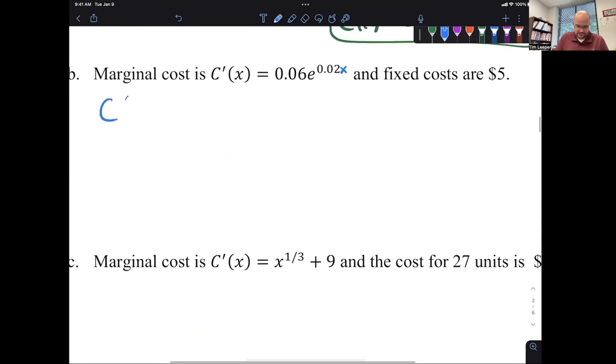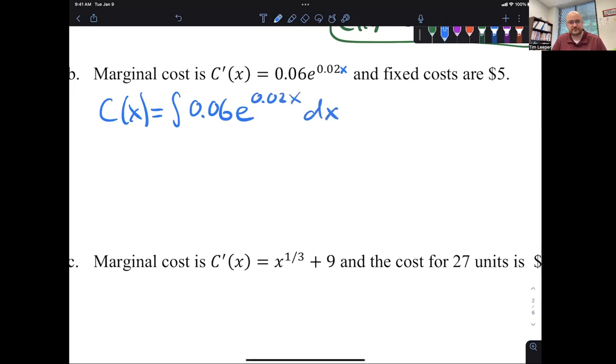So c of x here is the integral of c prime of x here. Now, c prime of x is, again, 0.06 e to the 0.02 x dx. So this is going to be 0.06 e to the 0.02 x.